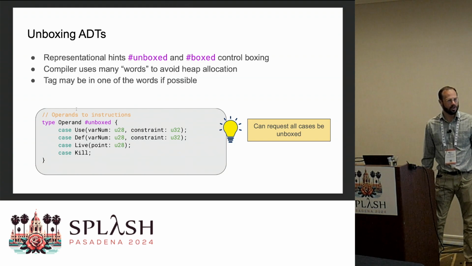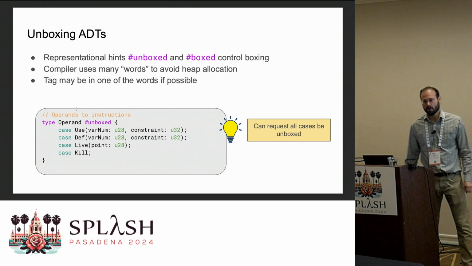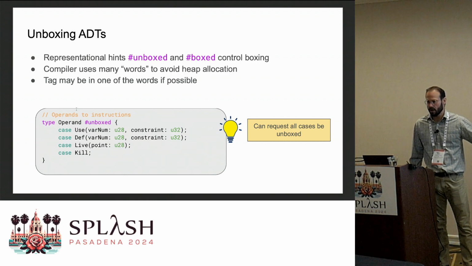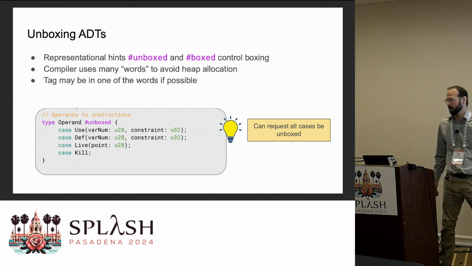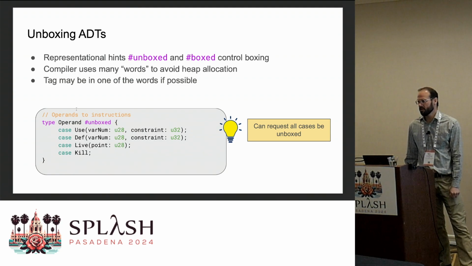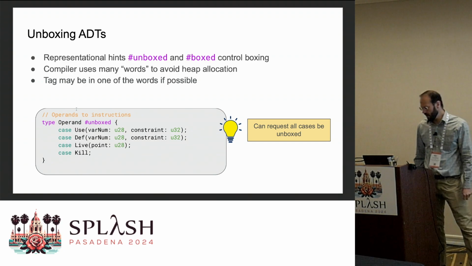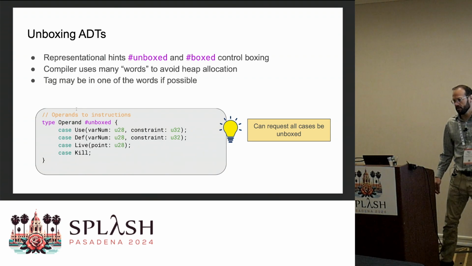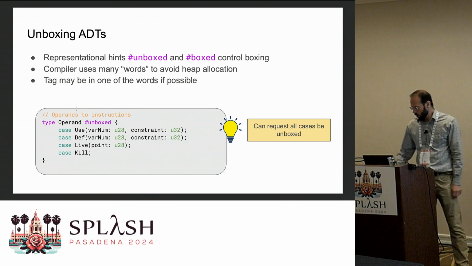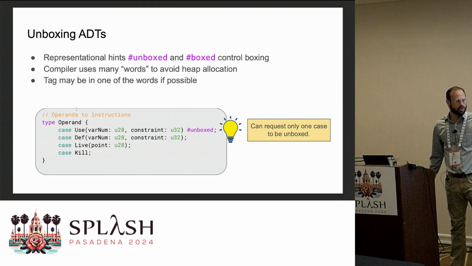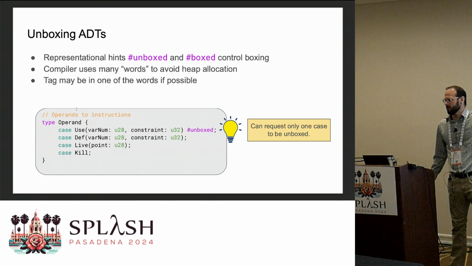So this paper is all about some new annotations that are not semantically meaningful. It doesn't change the program's behavior in any way to add an annotation like unboxed, but it makes the compiler represent them differently so that they're more efficient. You can unbox all the cases by putting that annotation at the declaration of the ADT, or you can unbox a single case, in which case the compiler will make sure to unbox that one case, and all the rest of them can be boxed.